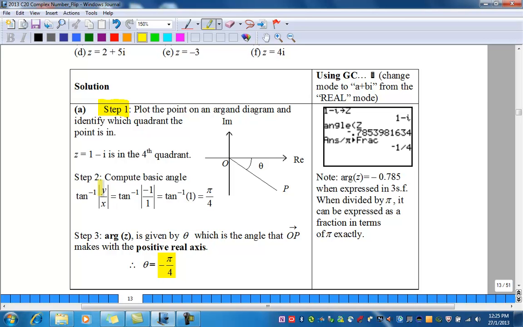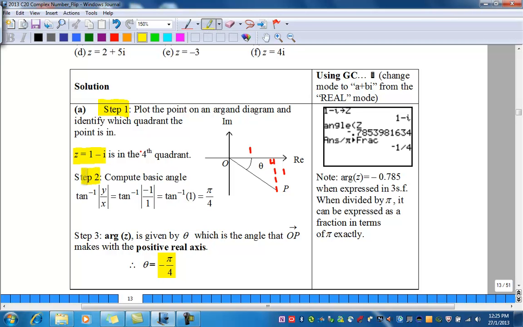Since z is equal to 1 minus i, it is 1 unit on the real axis and negative 1 unit on the imaginary axis, and we know that it is in the fourth quadrant.